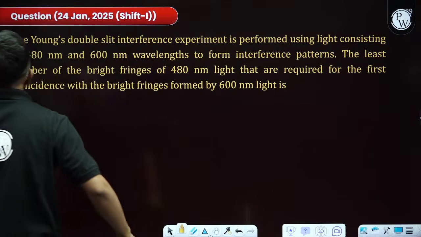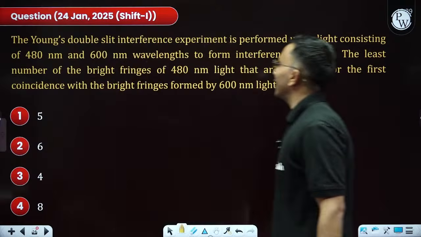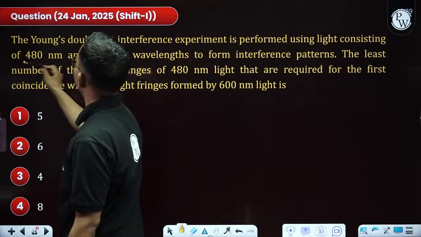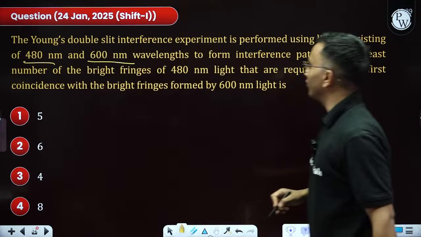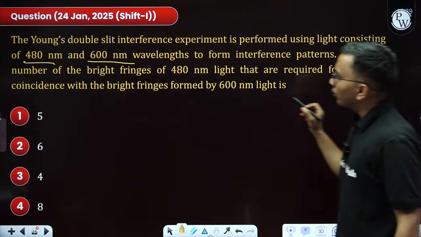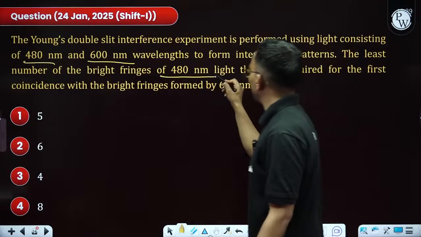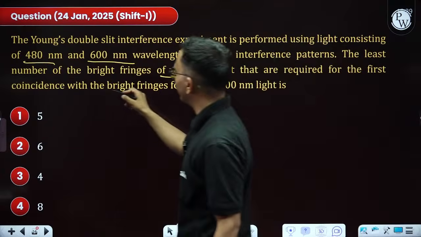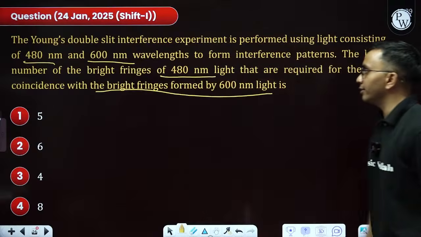Next question. Young's double slit interference experiment is performed using light consisting of 480 nanometer and 600 nanometer wavelengths to form an interference pattern. What is the least number of bright fringes of 480 nanometer required for the first coincidence with a bright fringe formed by 600 nanometer?